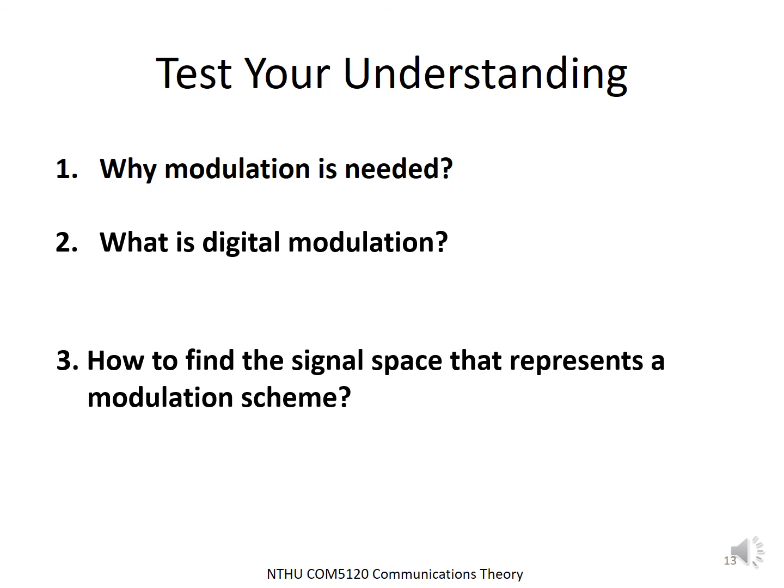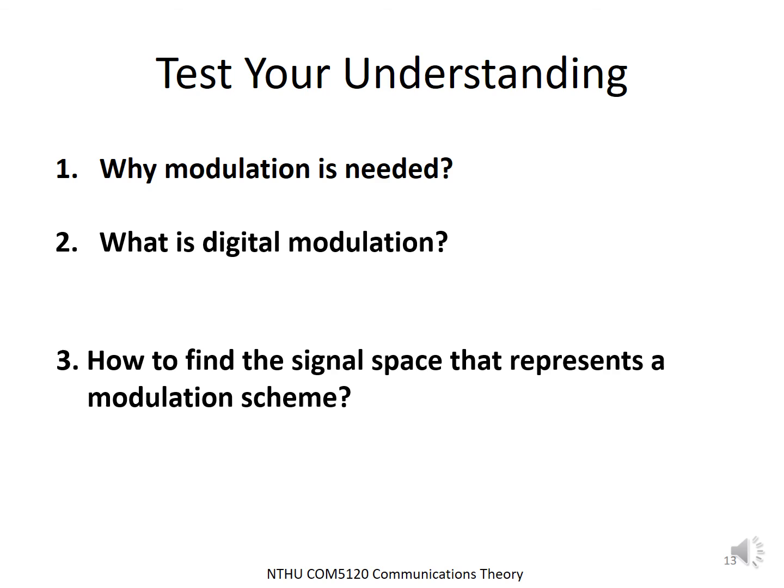And how do we find a signal space that represents a modulation scheme? In lecture 1, we discussed how to find a signal space by finding the orthogonal basis. Then we have the signal space, right? And how to find the orthogonal basis?